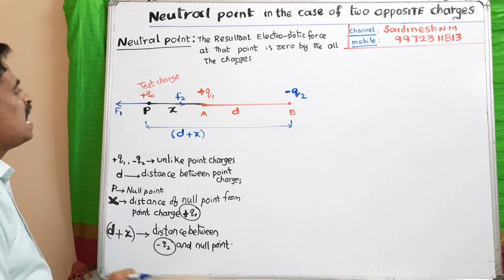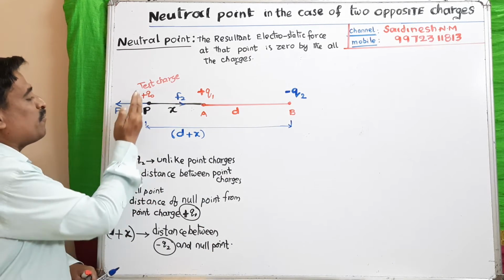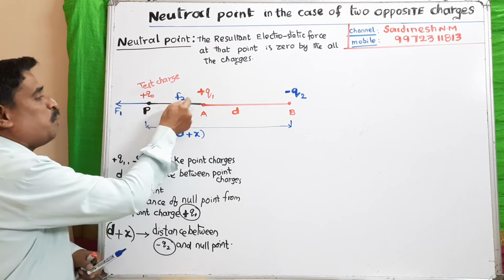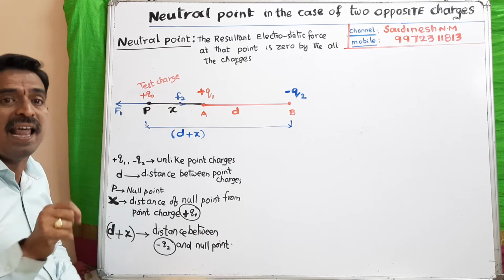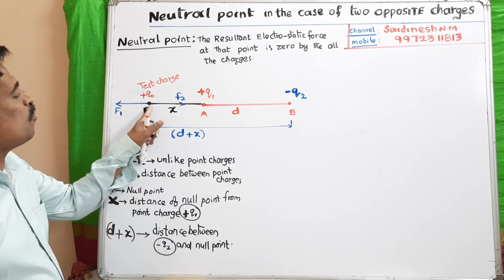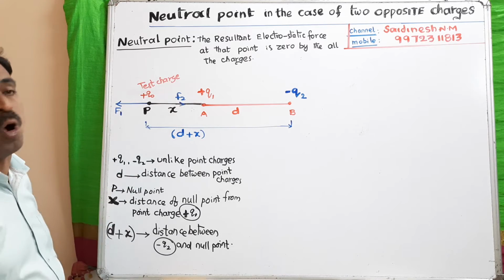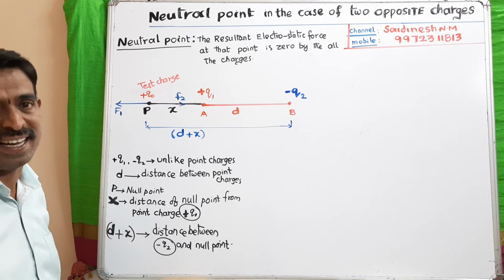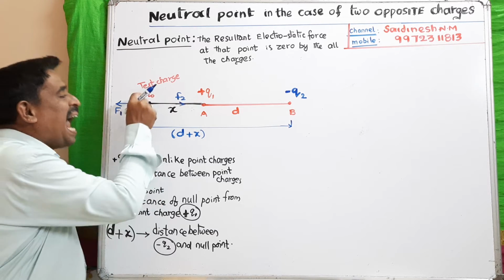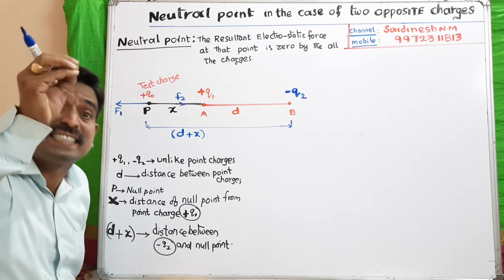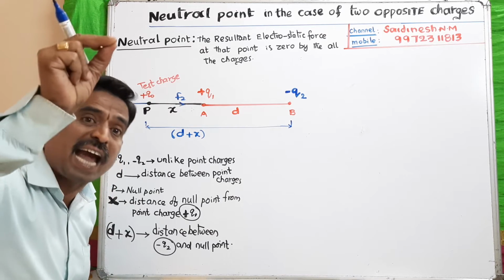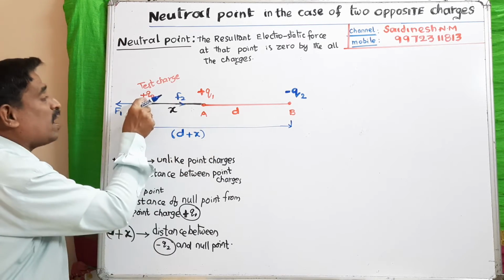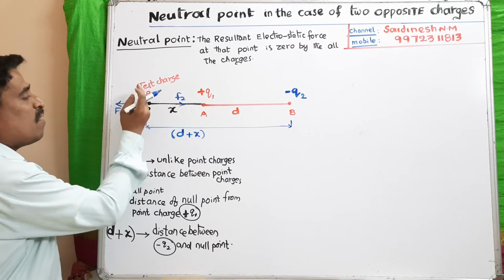Suppose the magnitudes of F1 and F2 are both equal, then the resultant force at this point is 0. This point we are calling a null point. Null point means at this point the resultant electrostatic force is equal to 0.